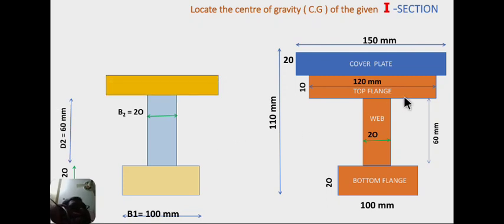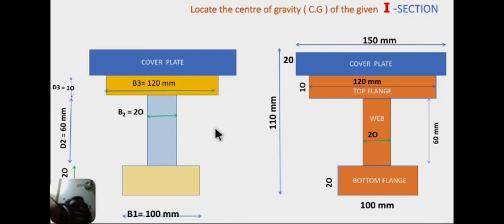In a similar way, the third section is depth D3 equal to 10 mm and base B3 equal to 120 mm. And finally, the fourth section is the top cover plate, and the dimensions are base B4 equal to 150 mm and depth D4 equal to 20 mm.